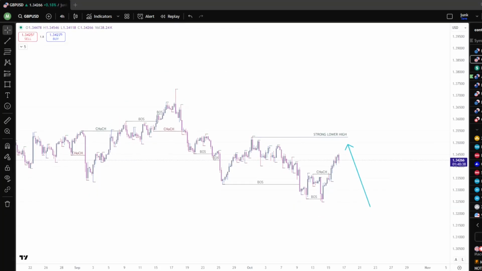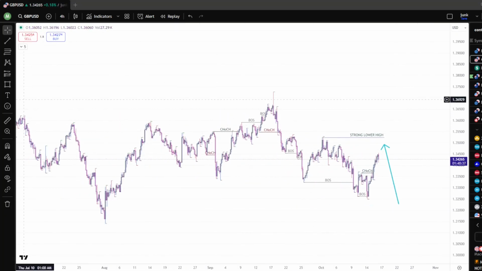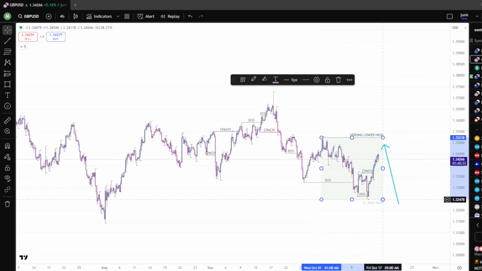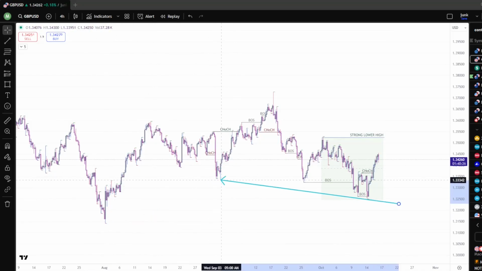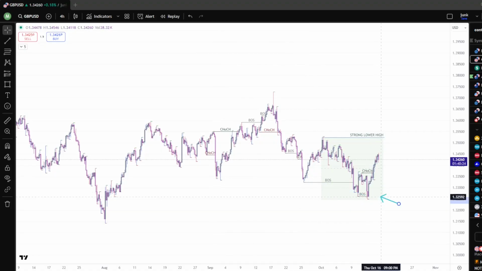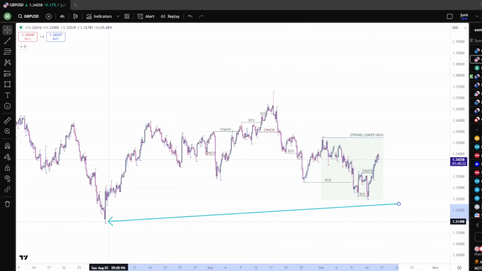GBP USD a little bit more bearish. We did change the structure to the local 4-hour chart, but of course, overall, just like with Euro, this is a lower low. This is a lower high. They got broken, but this could be forming a lower high from this low.